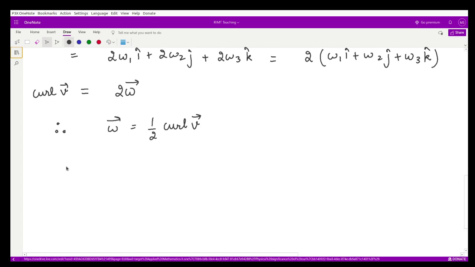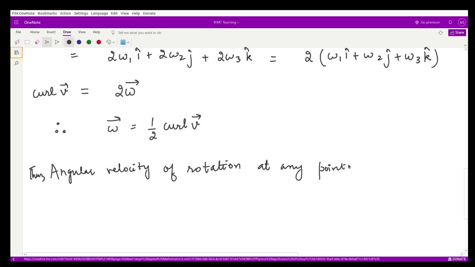So here you saw that the angular velocity of rotation at any point is equal to half the curl of the velocity vector.